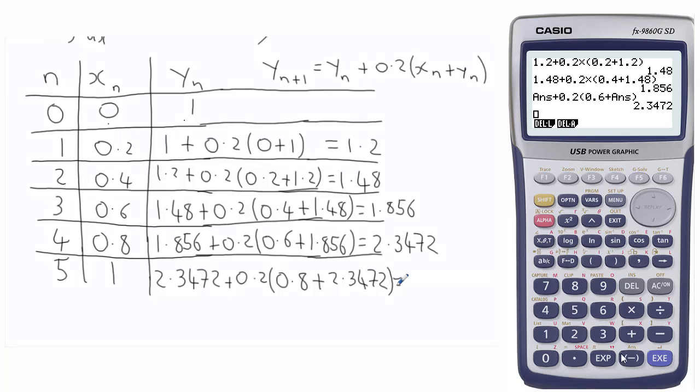So that is going to be Ans plus 0.2 times 0.8 plus Ans. And that gives us an answer of 2.9764.